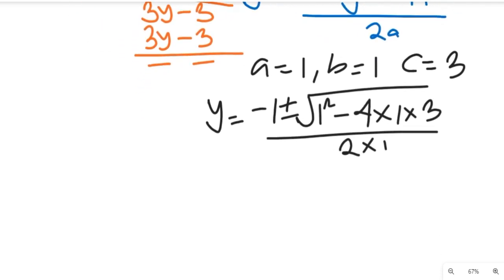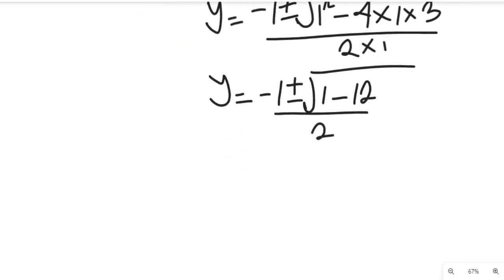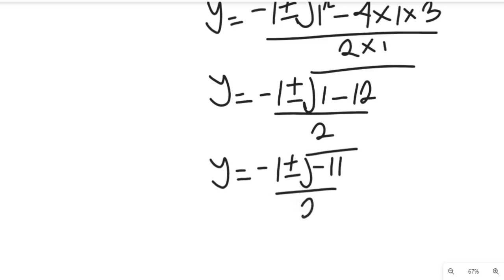So if we simplify that, we're going to have y equal to minus 1 plus or minus the square root of 1 minus 4 times 1 times 3, that's minus 12, divided by 2. So our y will now be equal to minus 1 plus or minus the square root of minus 11, divided by 2.